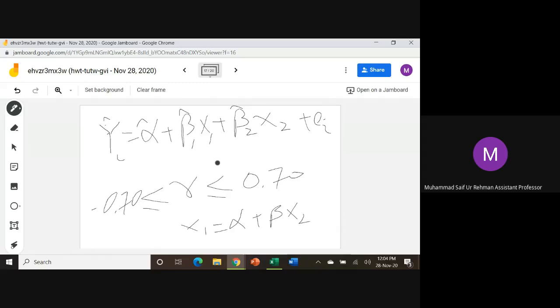So what I mean is that these two should ideally not be correlated, but in reality they always correlate up to some extent. So we have simply defined that we will be ready to bear the issue of multicollinearity if the correlation coefficient is in between this range.